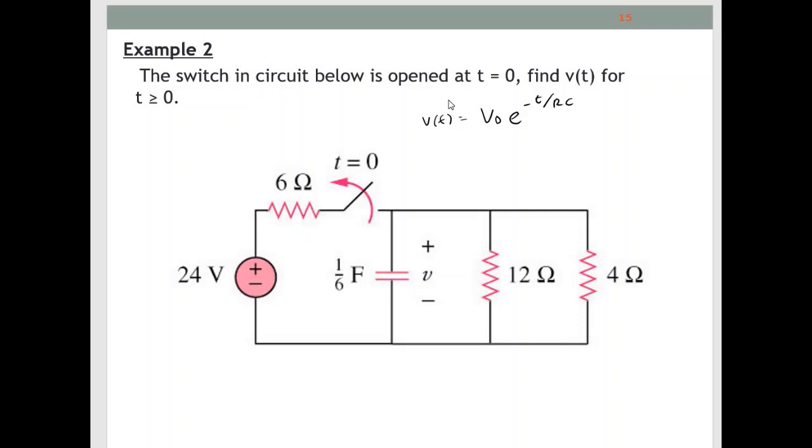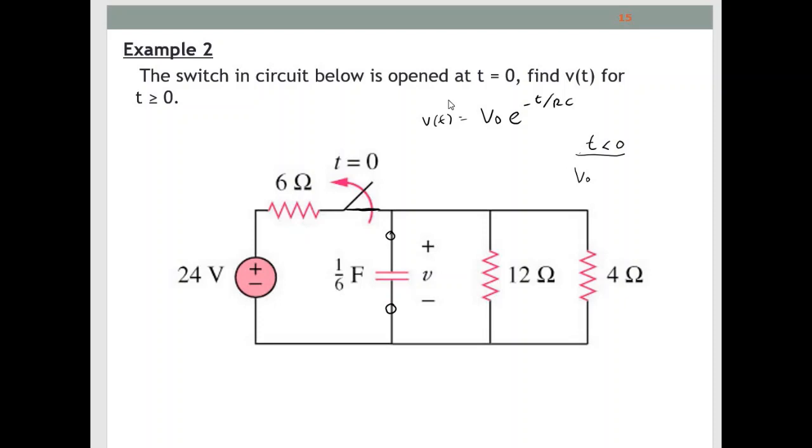Okay, but in this circuit, you need to analyze the circuit based on two conditions. The first condition is t less than 0 to find V naught. What is the V naught here? So draw the circuit when t less than 0. When t less than 0, the switch is switched on and the circuit is connected. So the voltage here, this looks like an open circuit.